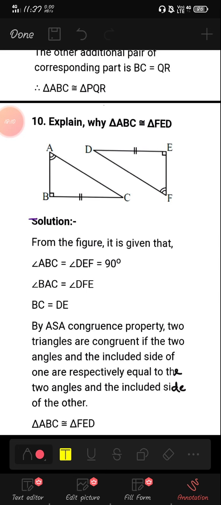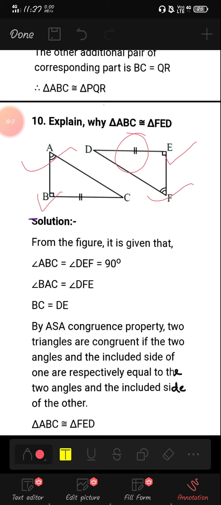So we can see here that angle B is equal to angle E, that is 90 degrees. Angle A is equal to angle F and one side is also given. By ASA, angle side angle property, means two angles and one included side, but we can see that it is not the included side.